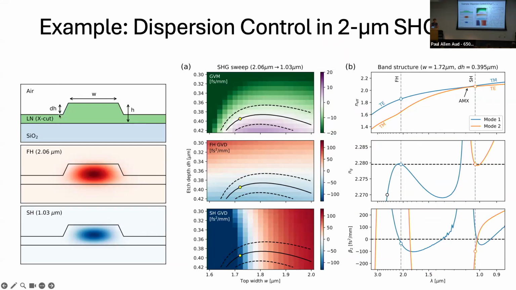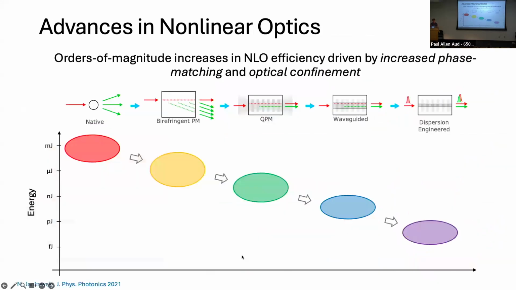And by tuning two parameters in this standard lithium niobate layer stack, you're able to satisfy all of those conditions approximately. So in terms of the energy scale of nonlinearities, dispersion engineering lets you achieve nonlinearities across a broad bandwidth, which means you can use short pulses. And since nonlinear interactions depend on peak power, short pulses mean you can use less average power or less average energy.